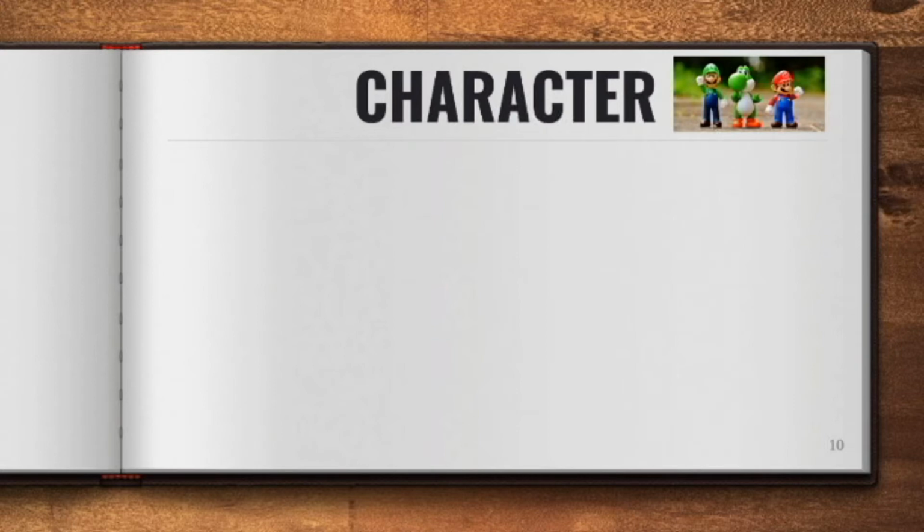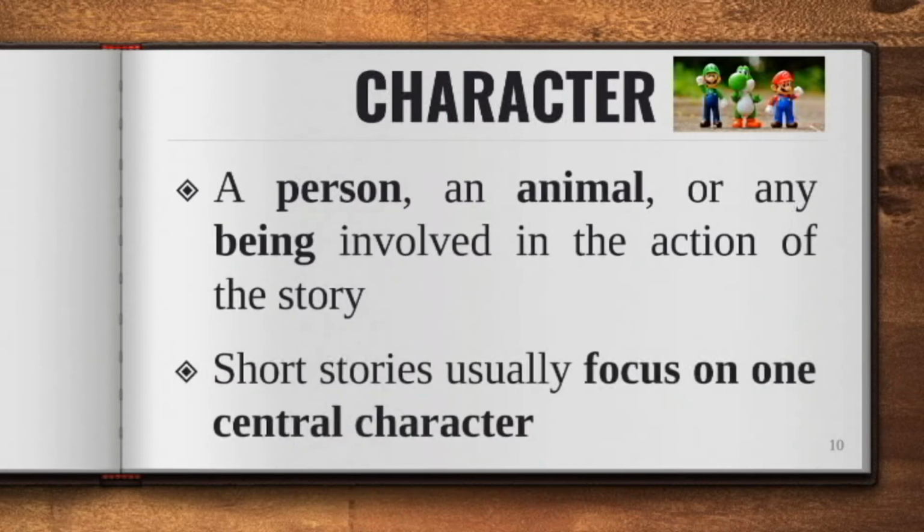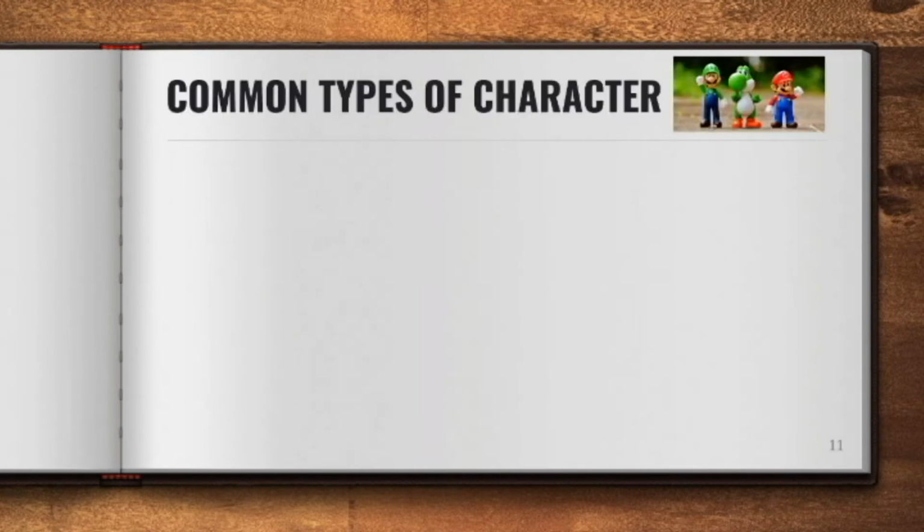Next is character. It is a person, or at times an animal, or any being who is involved in the action of the story. Short stories usually have fewer characters compared to a novel, and they usually focus on one central character. There are many ways to categorize the types of characters in a story.